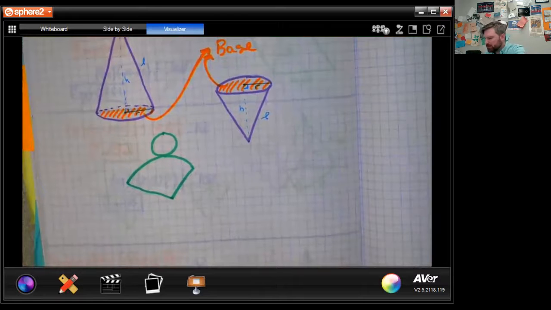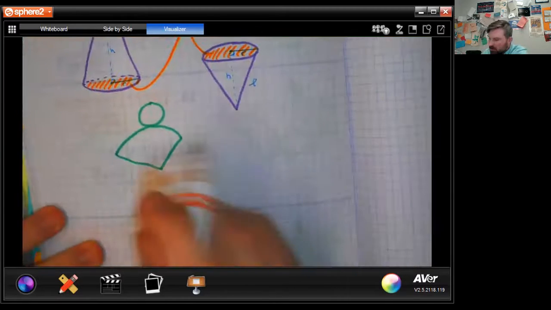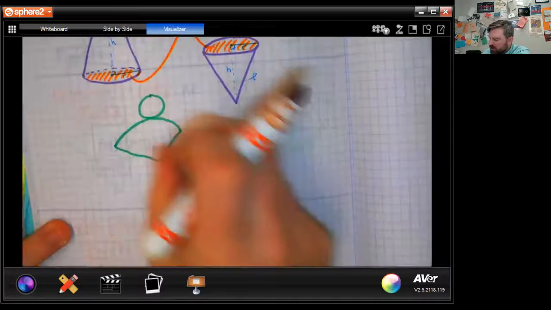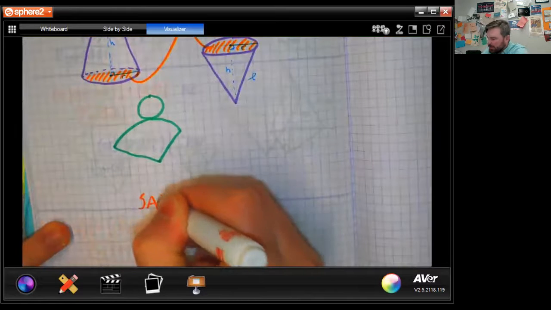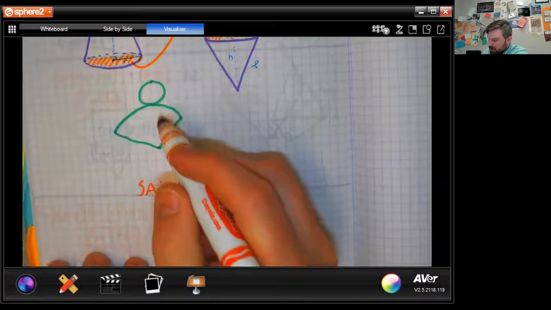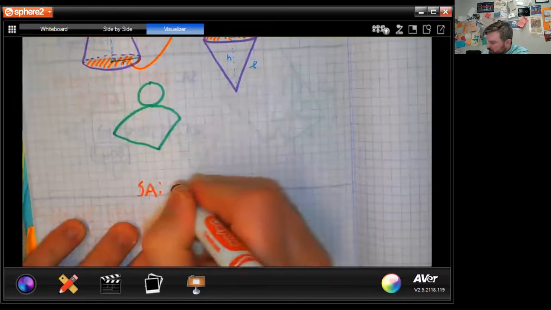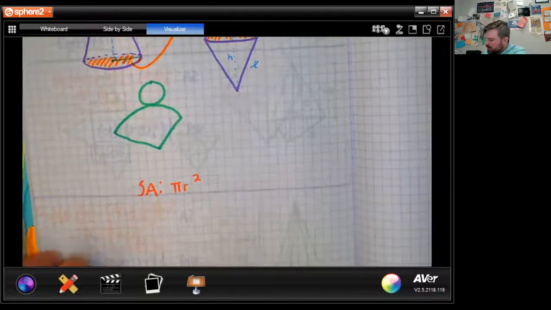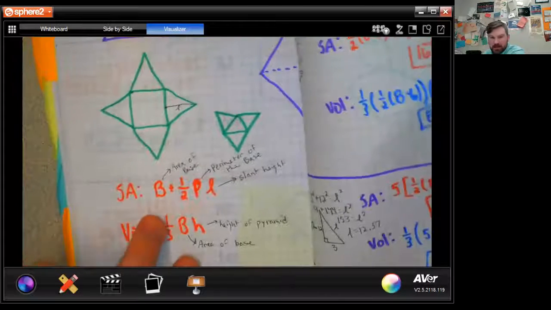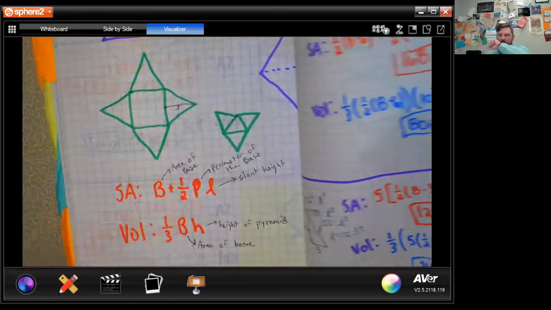Now we have formulas here. Okay, so surface area, and all the cones will look like this. They're just going to be different sizes. So for surface area, you can start with the area of this circle, which is pi r squared. And if we look back here at surface area of a pyramid, we started with area of the base.